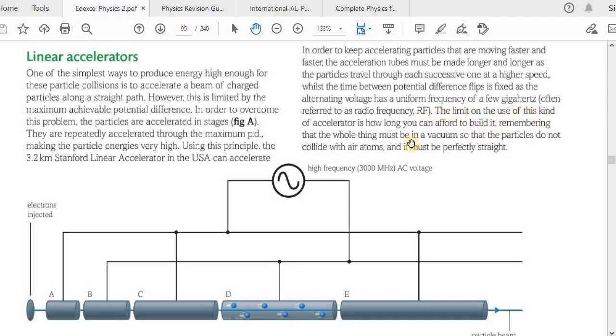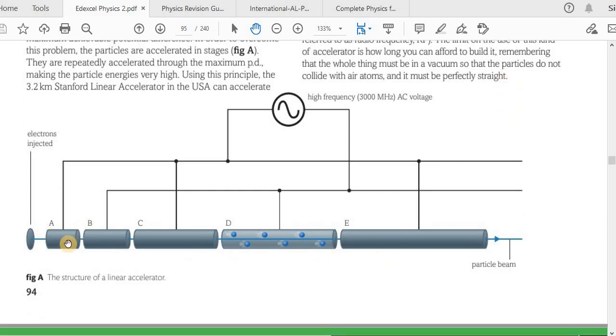This limit on the use of this kind of accelerator is how long you can afford to build it. Remembering that the whole thing must be in a vacuum so that the particles do not collide with air atoms, and it must be perfectly straight.